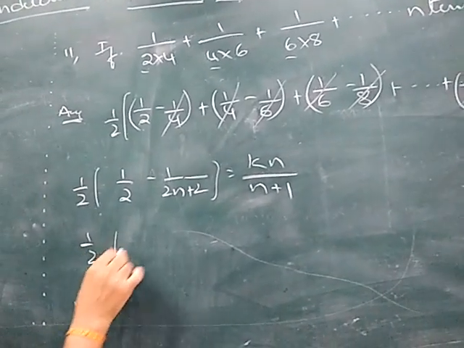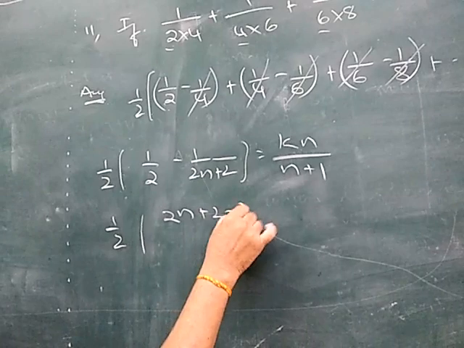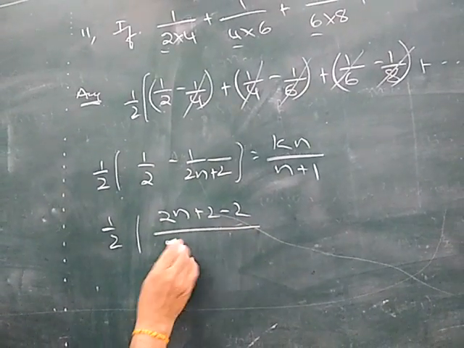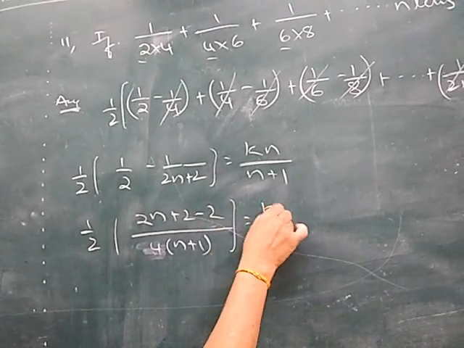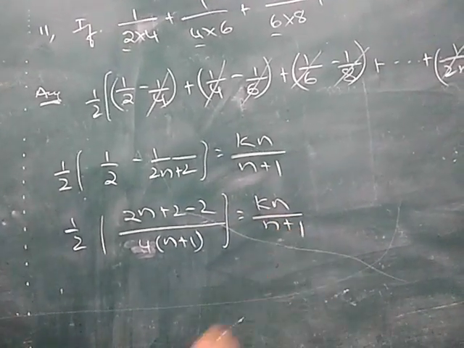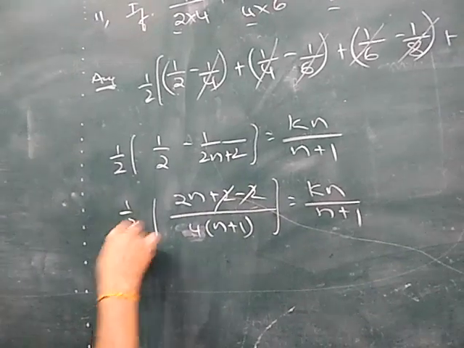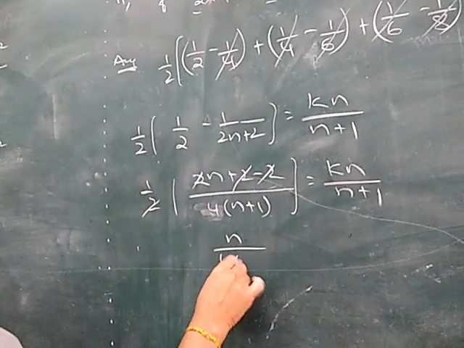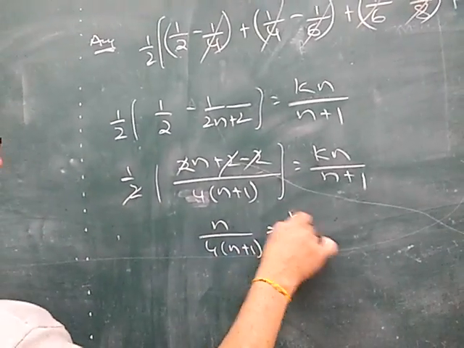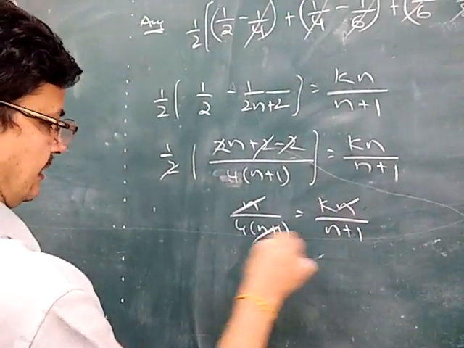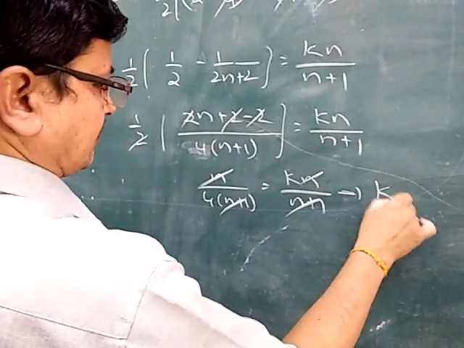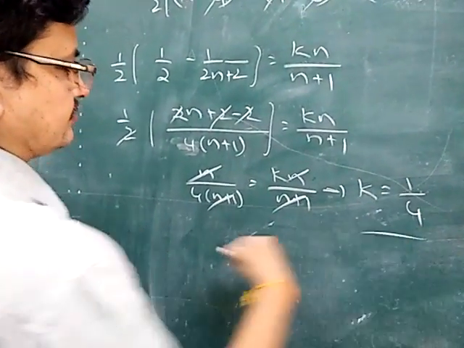Taking LCM, 1 by 2 into 2n plus 2 minus 2 by 4 into n plus 1, that is k into n by n plus 1. Those are cancelled, and n by 4 into n plus 1 is equal to k n by n plus 1. N cancels, n plus 1 cancels. So that implies k is equal to 1 by 4.